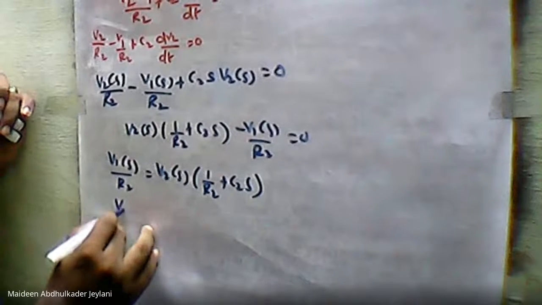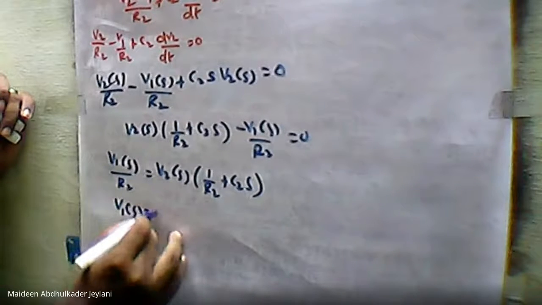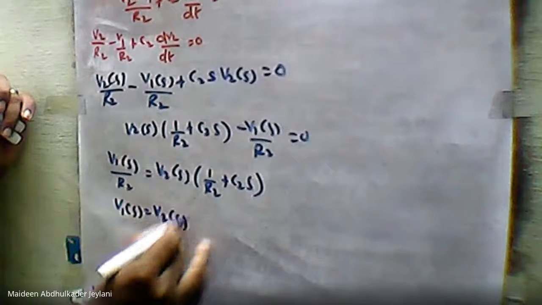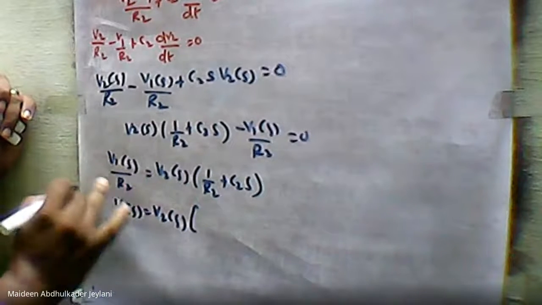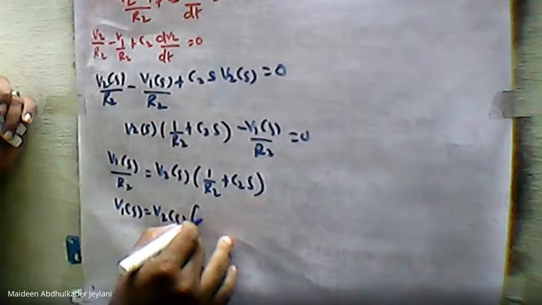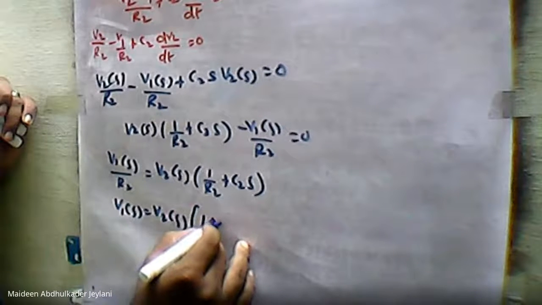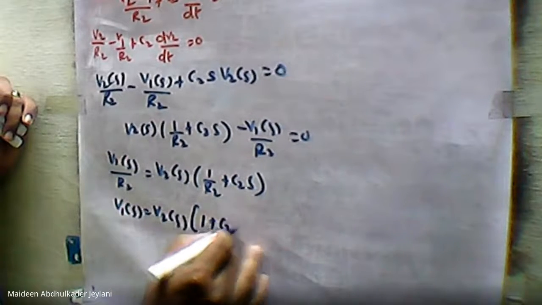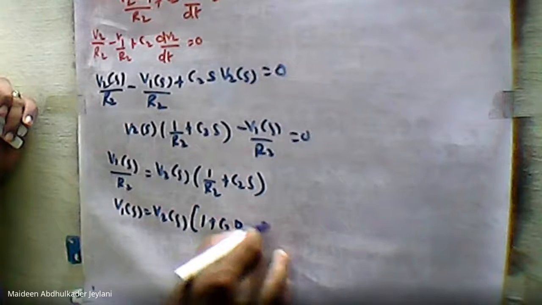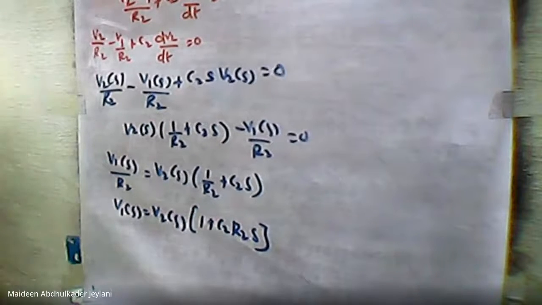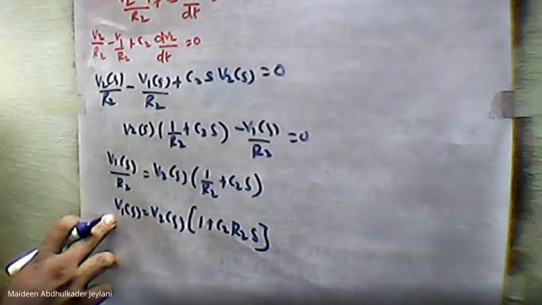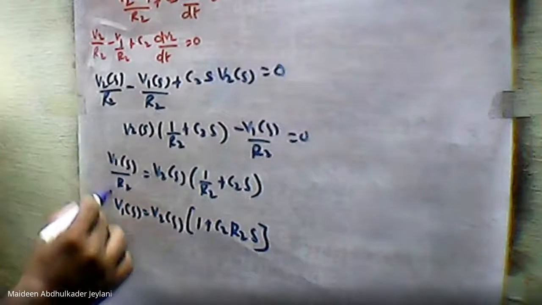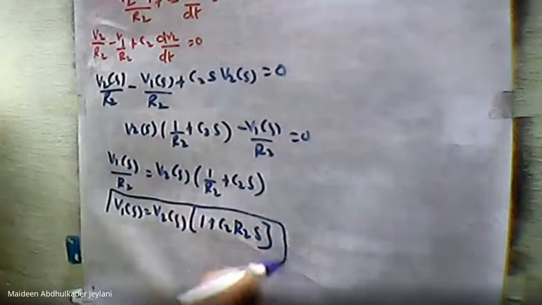So it will become V1 of S equal to V2 of S, R2 gets cancelled, if you bring your R2 to the right hand side, into 1 plus C2 R2 into S. Okay, let's keep this equation as equation number 2.